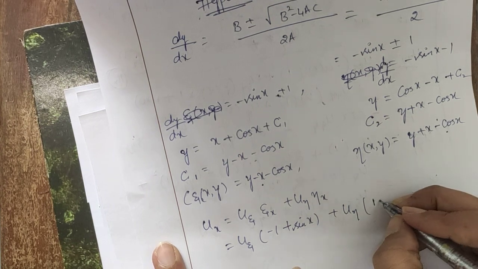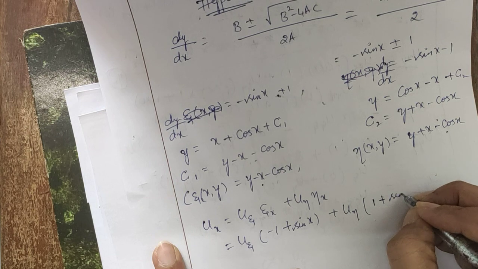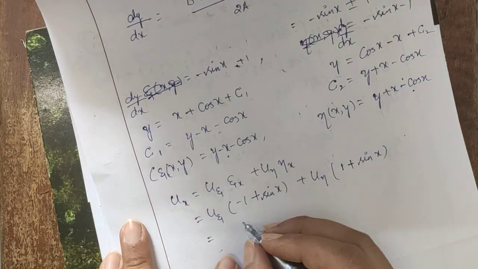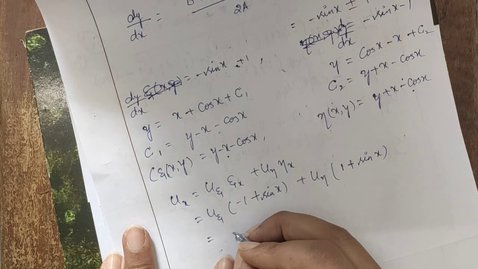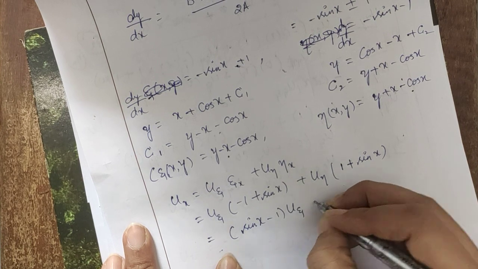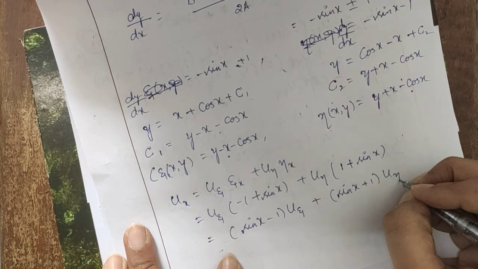So you will get 1 minus sin x. Sorry, 1 plus sin x. So if you solve this, we can write this as sin x minus 1 into u xi plus sin x plus 1 into u eta.